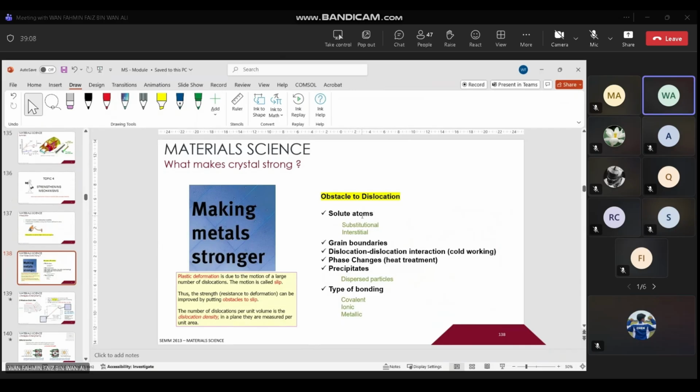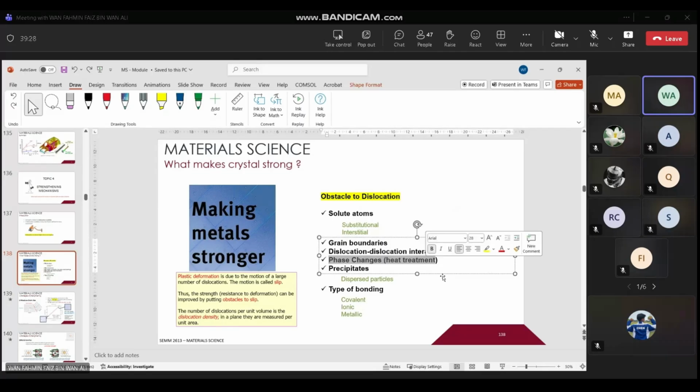You have solid solution atoms, substitutional, interstitial, and grain boundaries. We have discussed the types of defect in chapter 3. Dislocation interactions, sometimes we call it cold working. Phase changes by heat treatment as well. We're going to review it today.